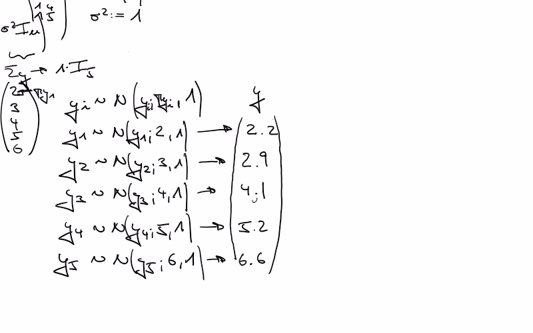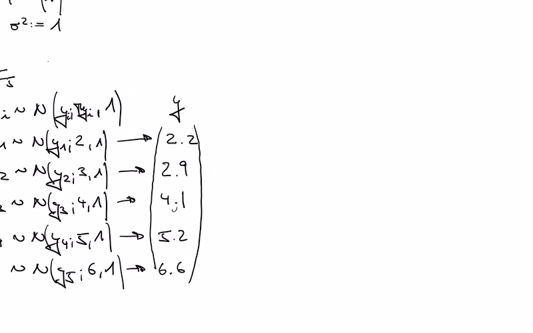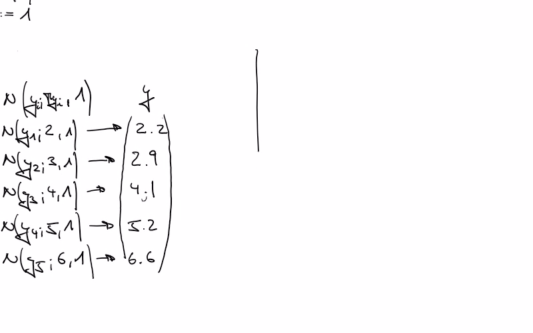And finally, I want to visualize that again because this helps. Here we have 0, 1, 2, 3, 4, 5. 1, 2, 3, 4, 5.